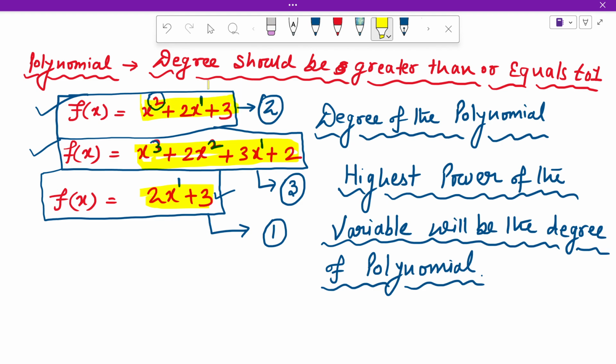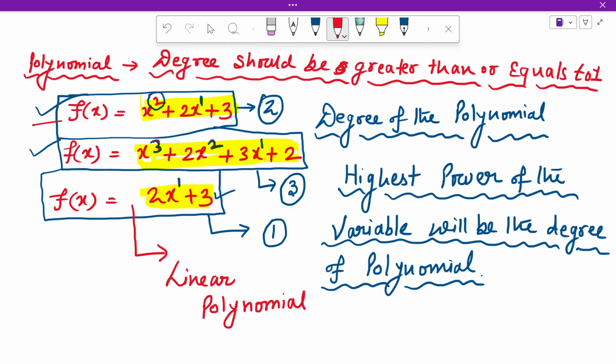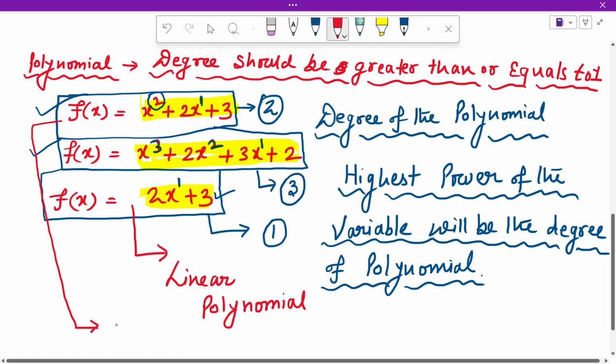When a polynomial is with a degree of 1, it is known as a linear polynomial. When a polynomial is with degree 2, this one, the first example, that is known as a quadratic polynomial.